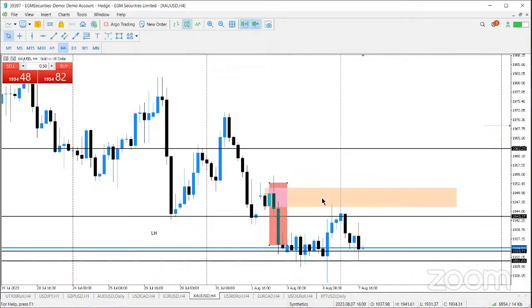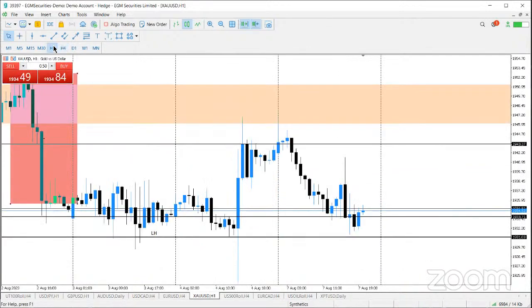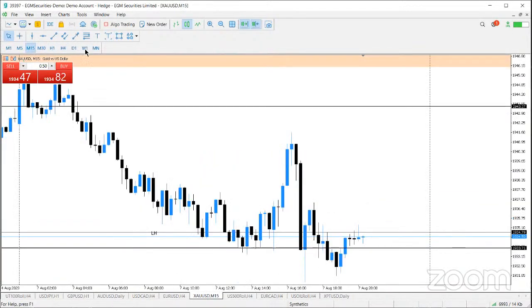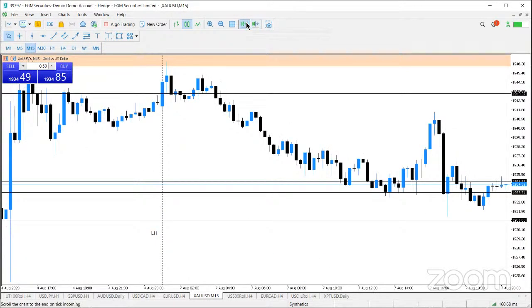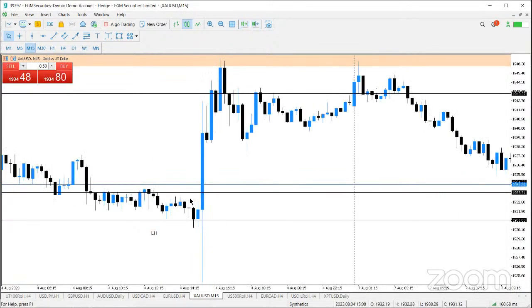In this move, we have to study it on a lower time frame to understand the anatomy and the market structure that will guide us in finding a reversal. Because the explanation of this is the move on the lower time frame. Now the market went all the way up here and into this area, just tapped into it, and then we decided we're going lower.